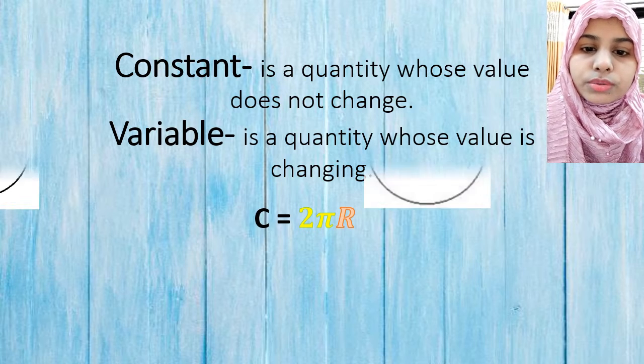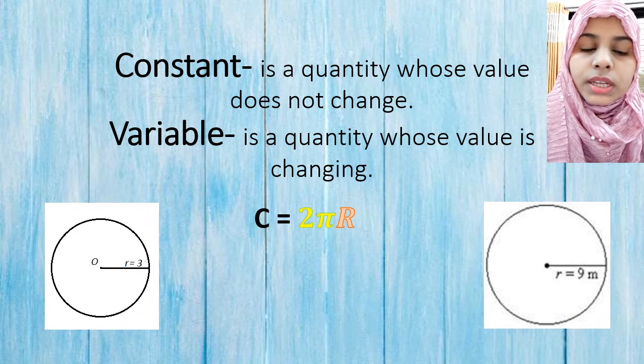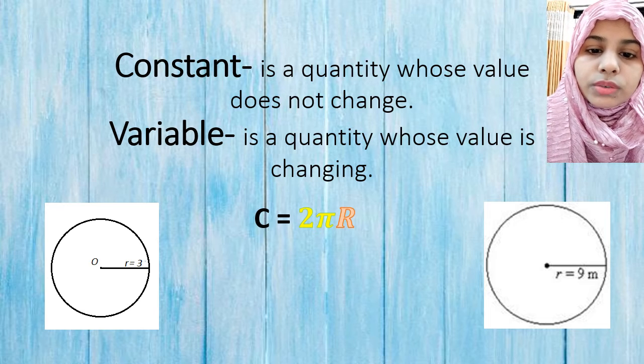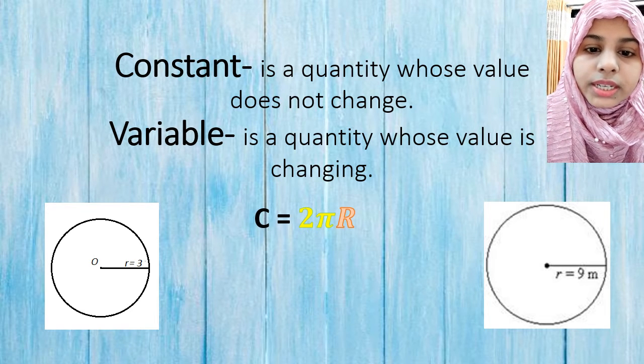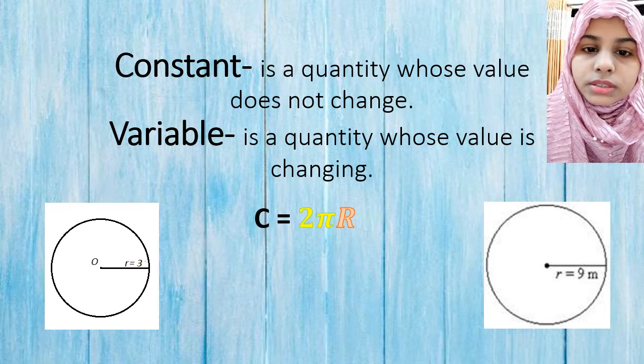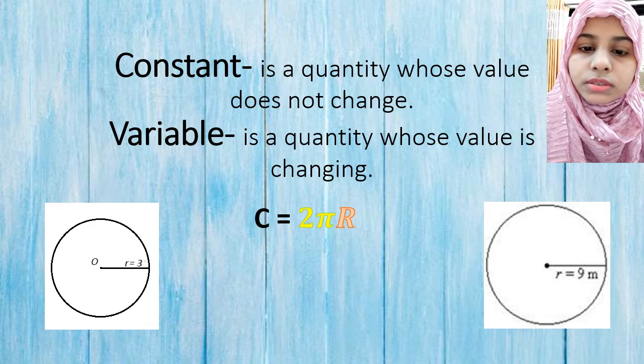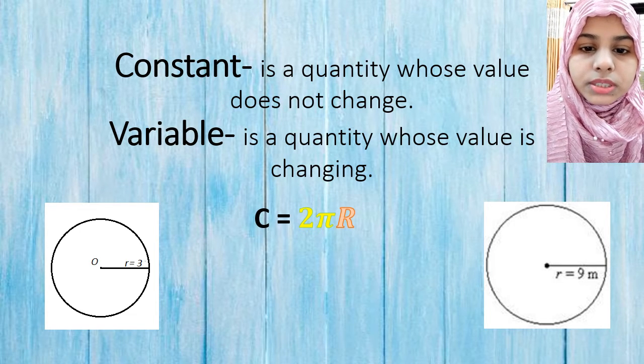See the two figures of the circle, where the radius is equal to 3 and in the next one the radius is equal to 9. So here we can see the radius r changes, and what will be the value of pi in both the figures? The value of pi will be constant, the same, that is 22/7.